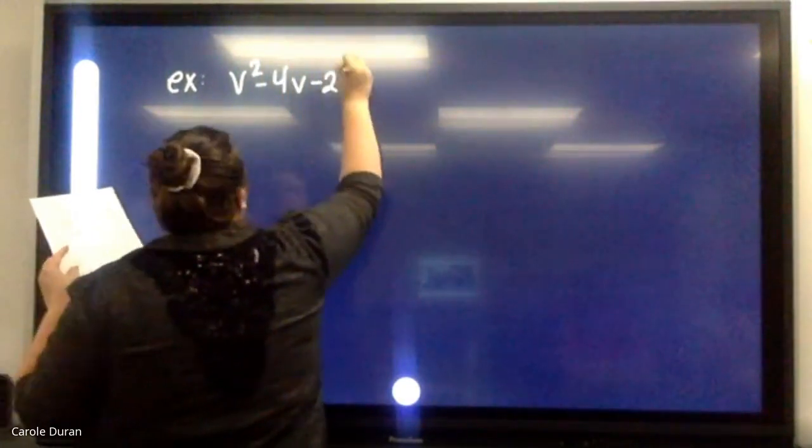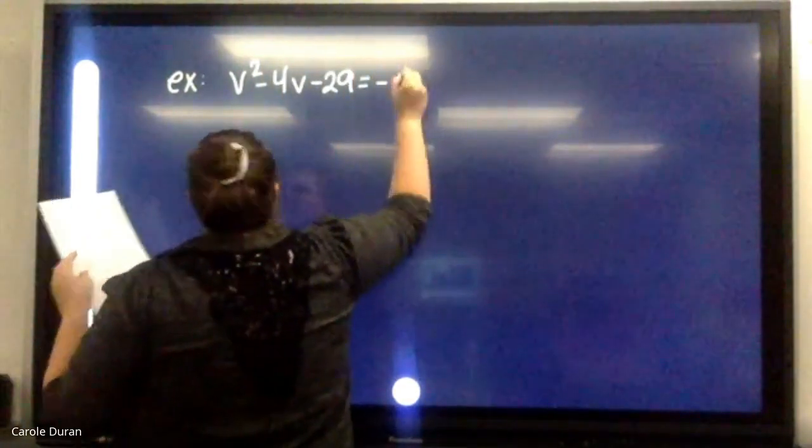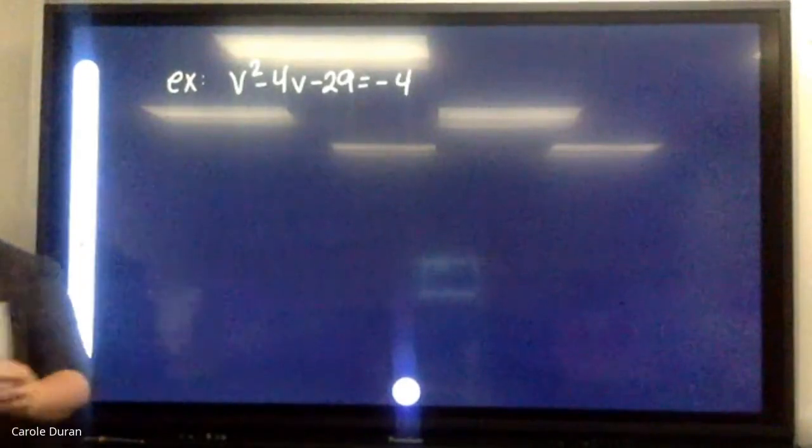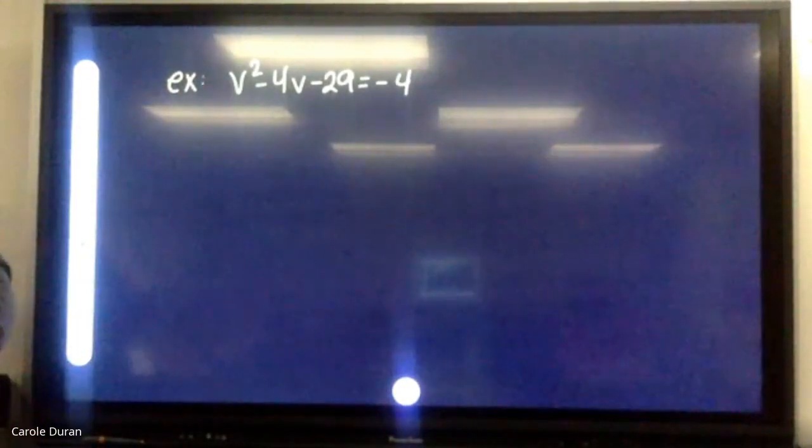Okay, so we're gonna pick up right where we left off last class, which is with examples. Okay, solve this by completing the square.